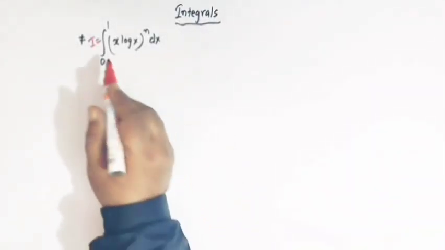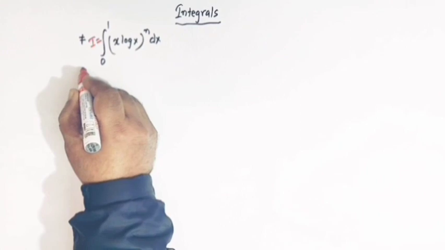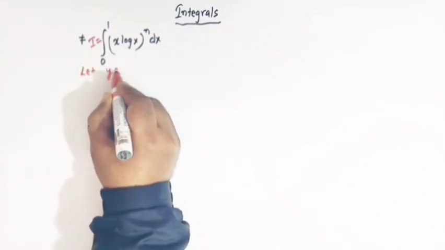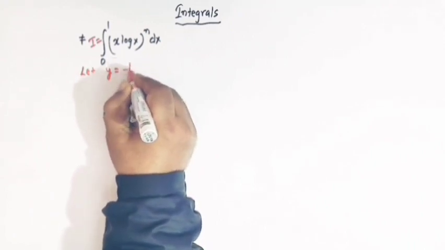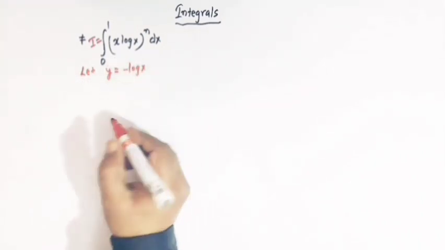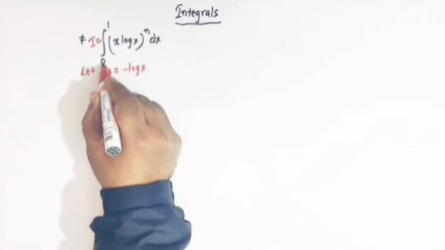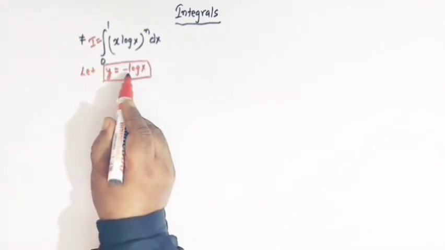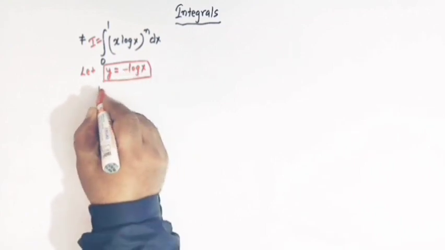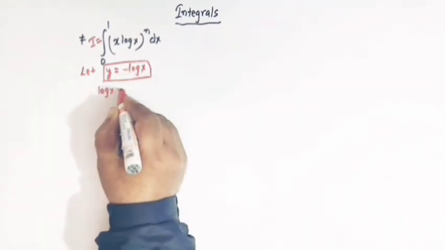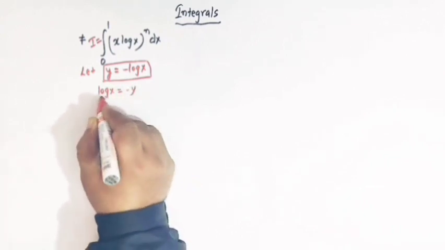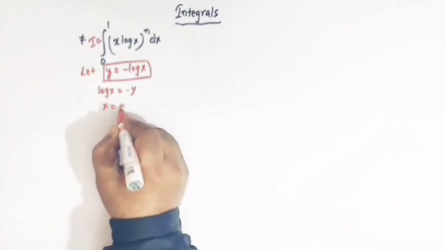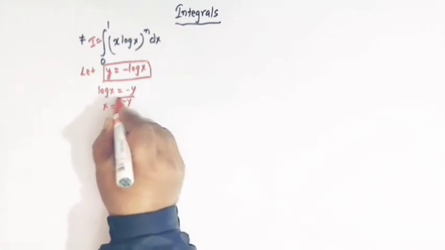So in the first step, what we will do, we'll take a variable, say y is equal to a negative of log of x, right? So here I will make this substitution, right? So now when y is equal to negative of log x, then log x can be written as equal to minus y, and by definition of log, we can write x is equal to e raised to minus y, right?